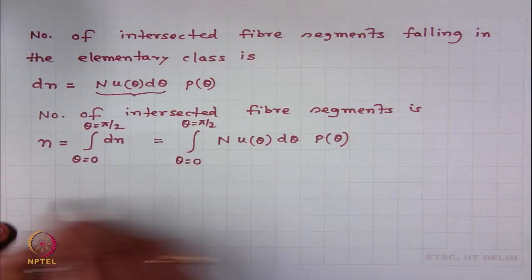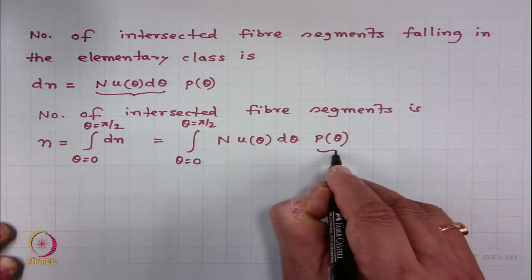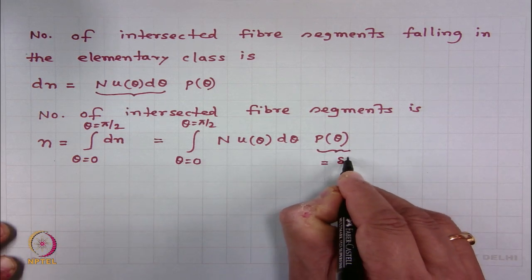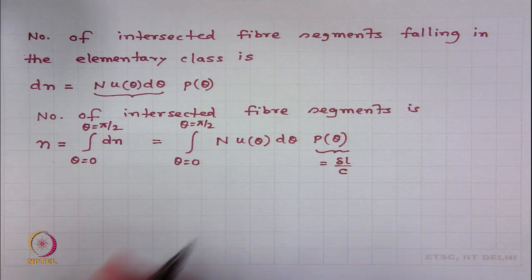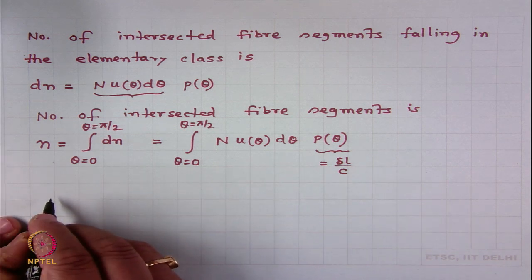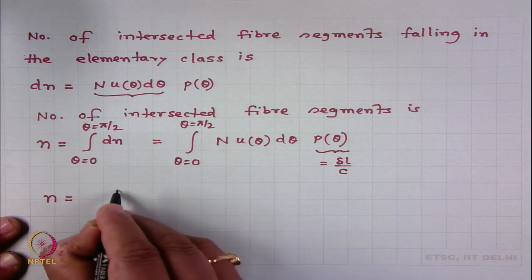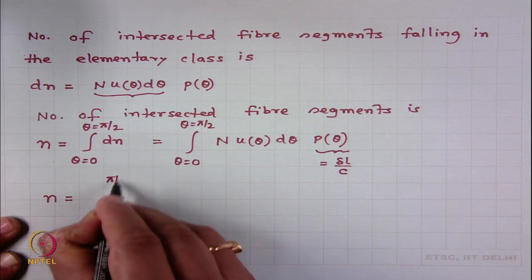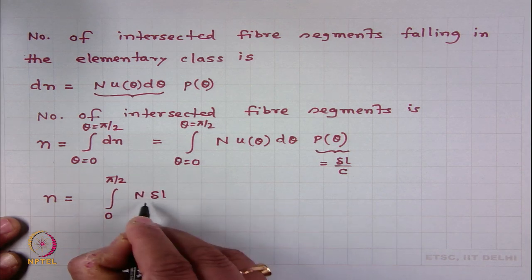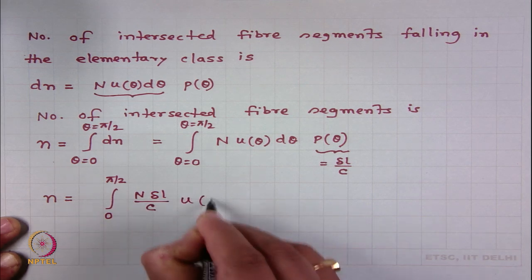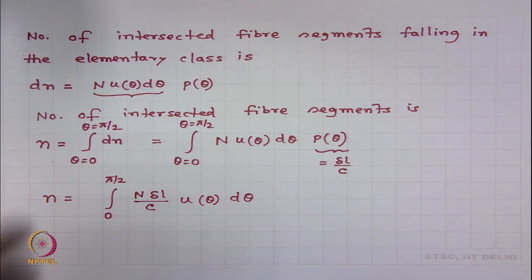So, if we substitute this p theta is equal to delta L by C, then we obtained N is equal to integration 0 to pi by 2 N into delta L by C u theta d theta into cos theta.